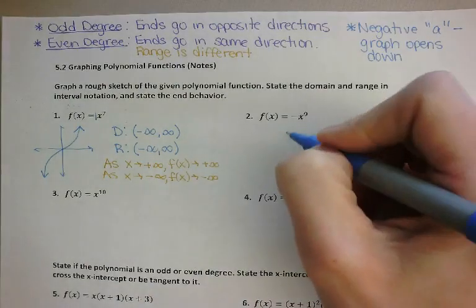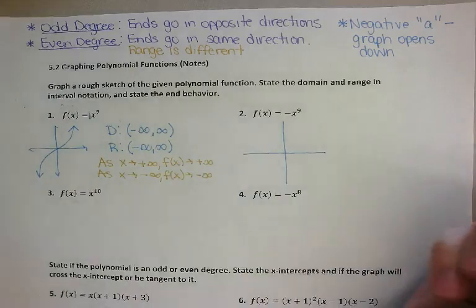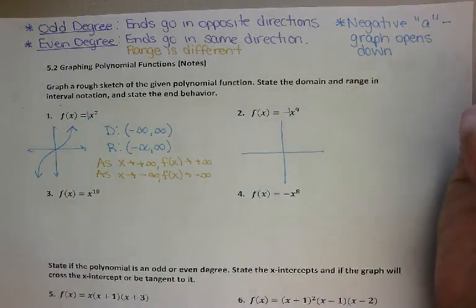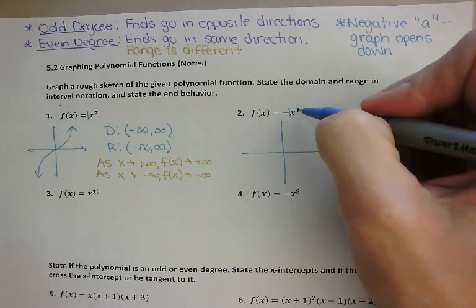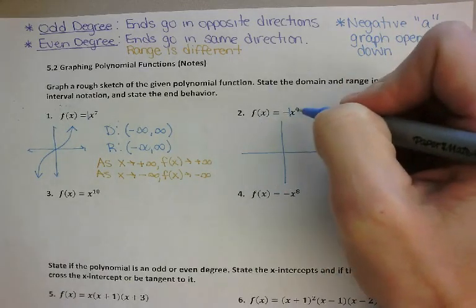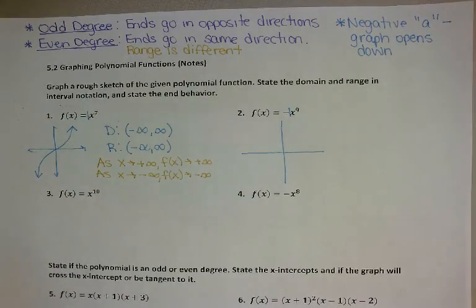Okay, looking at this next example, f of x equals -x⁹. So first of all, the a is negative. That tells me the graph is opening down. And it's an odd degree, so the ends should be going in opposite directions. And odd degrees look like cubics. You can make a little side note to yourself about that as well.